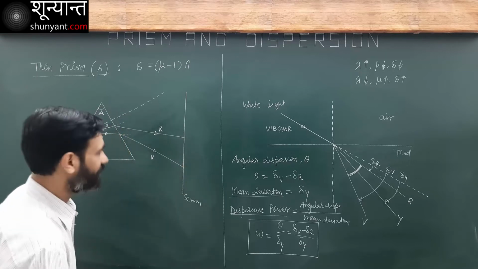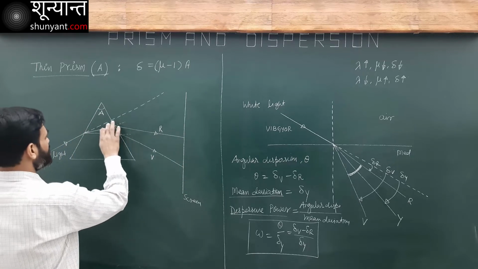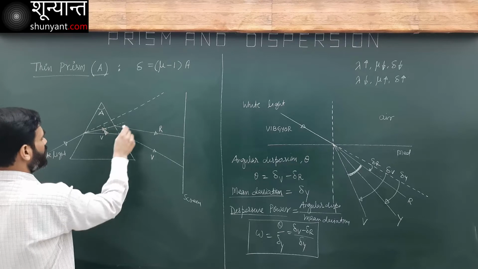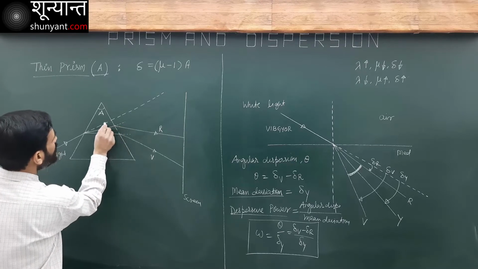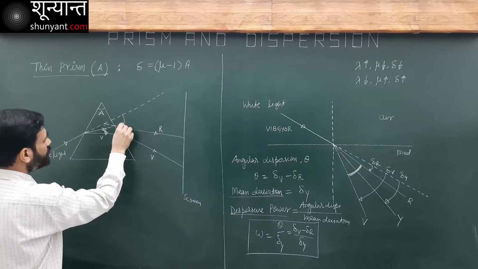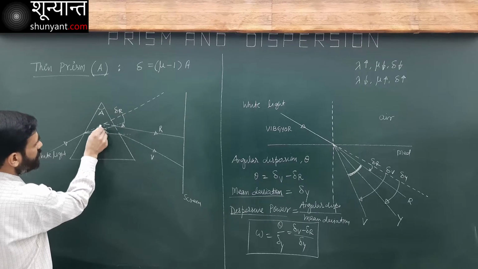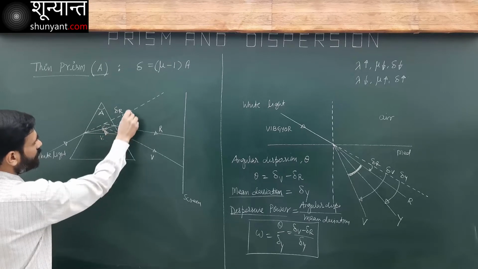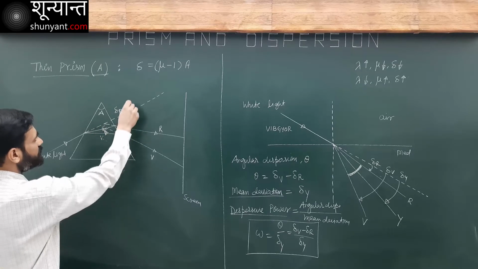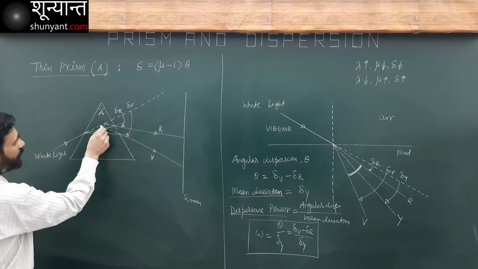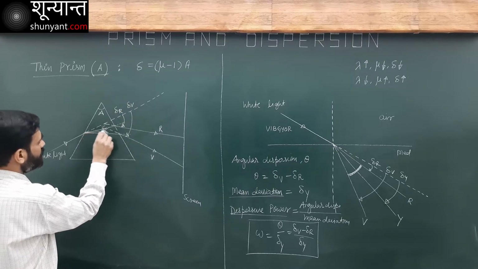Do you understand? What are the deviations? This is delta R, and this deviation here is delta V.